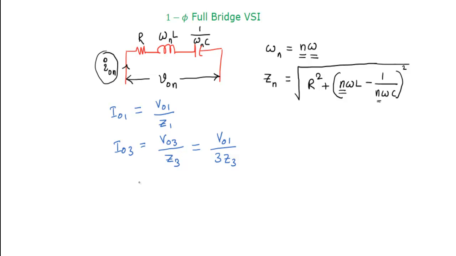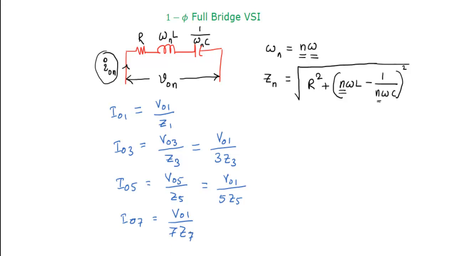Then we need to take the fifth harmonic current, which is the fifth harmonic RMS voltage divided by Z5, that is, V01, the fundamental RMS voltage, divided by 5 into Z5. Likewise, for the seventh harmonic, it is V01 divided by 7 into Z7.